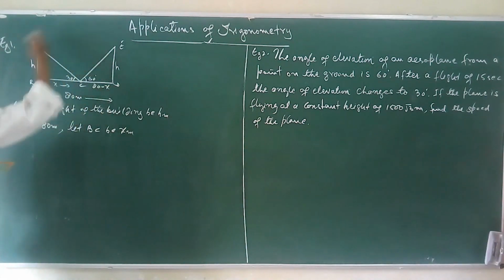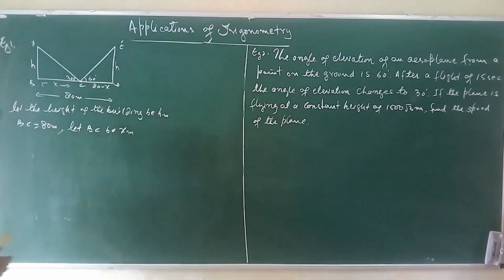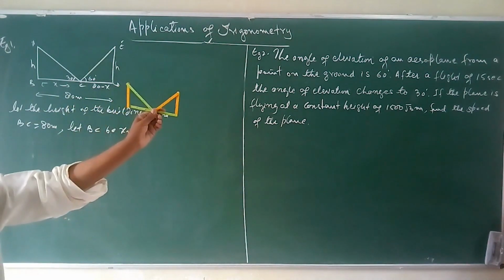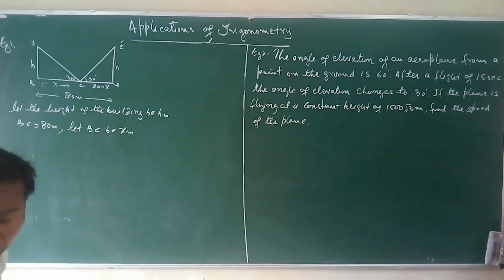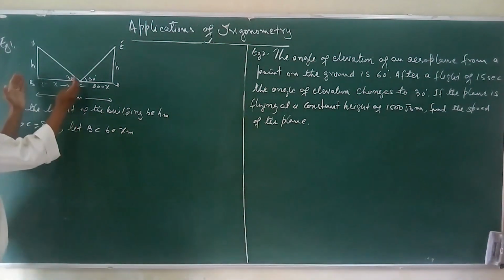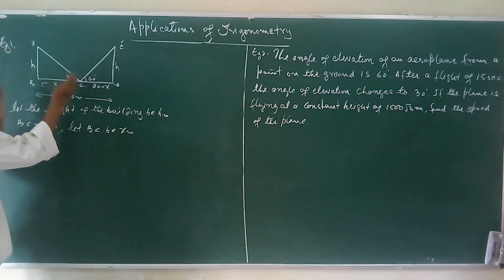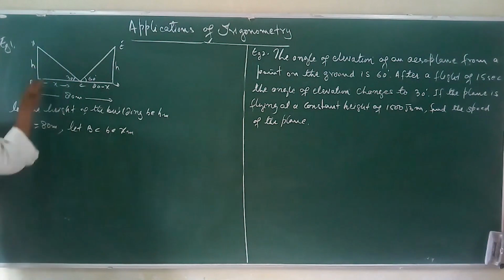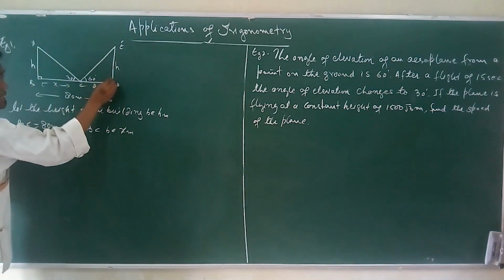Now we are going to compare the triangles. This angle is 90 and this is also 90.